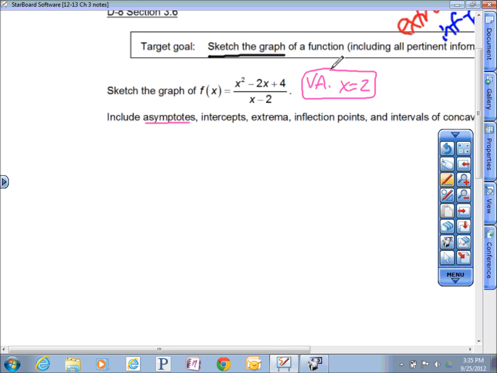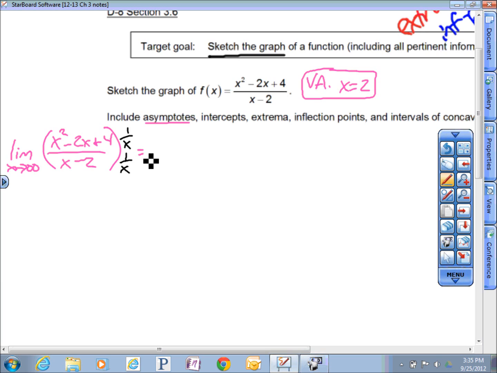So non-vertical asymptotes. Remember the key to finding non-vertical asymptotes is we're going to do the limit as x approaches infinity. So limit as x approaches infinity, x squared minus 2x plus 4 over x minus 2. We're going to multiply top and bottom here by 1 over x. We don't have a square root or an absolute value, so we don't have to worry about those.